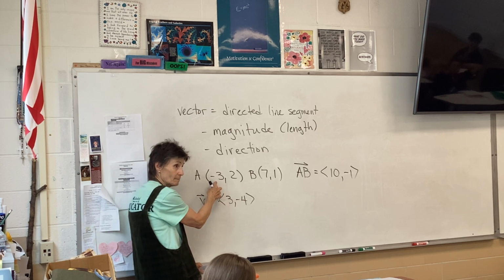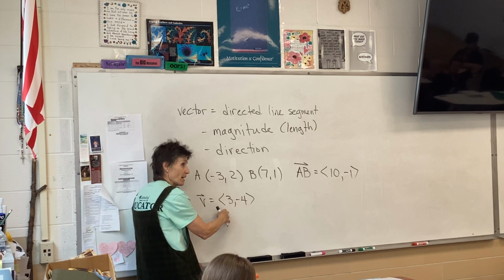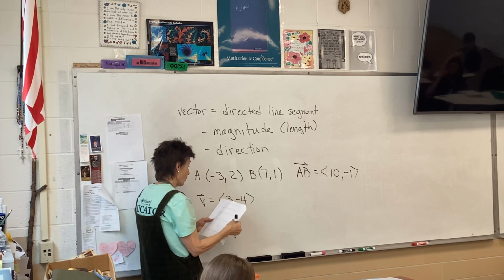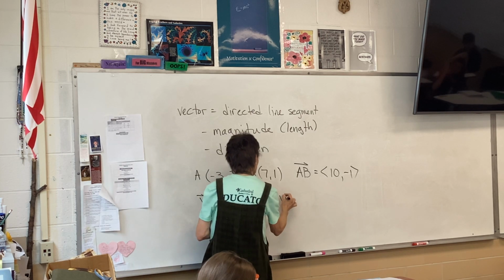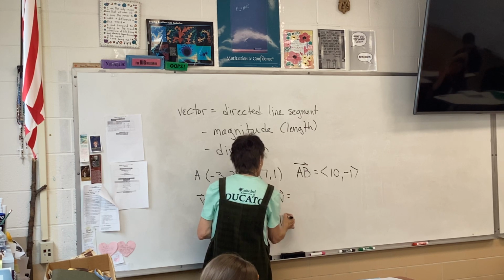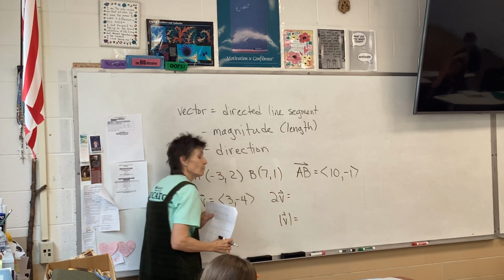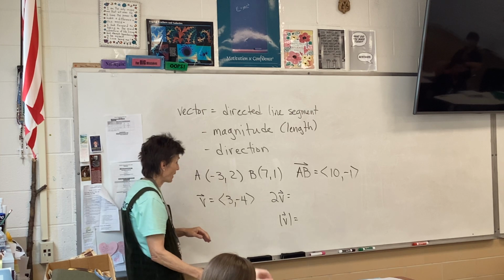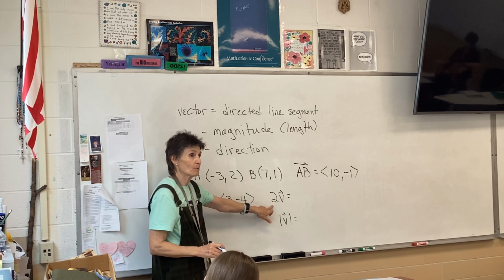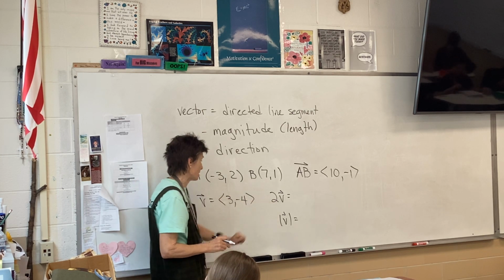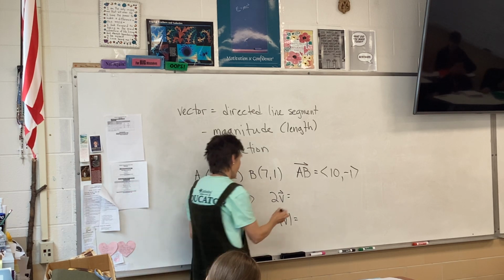This means a point. This notation tells you you have a vector. So we want to know this and this. Now, I think you can figure that one out pretty easily. What do you think that is? 6, -8.